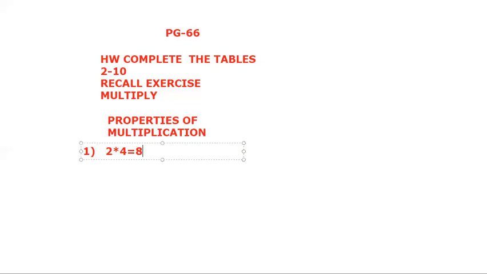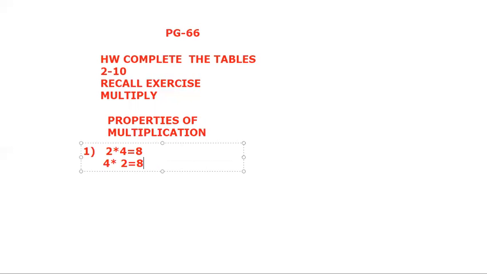The order is that first you have written 2, then you have given the multiplication symbol. After that you have written 4, which amounts to 8. Now, if you interchange the order, if you write 4 first, then the multiplication sign, then 2, then the equal to sign, the answer will be the same. 2 into 4 is equal to 8.